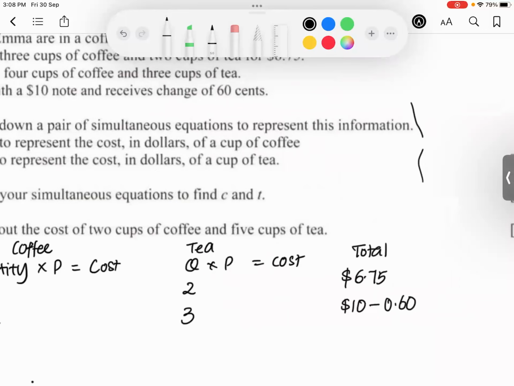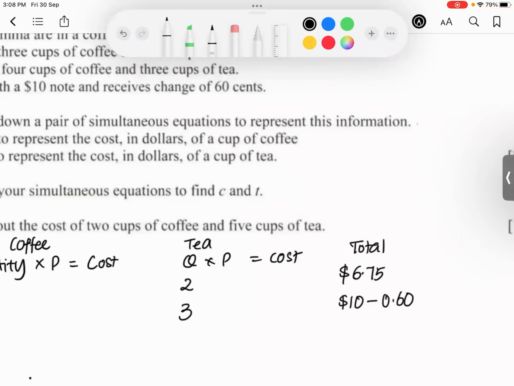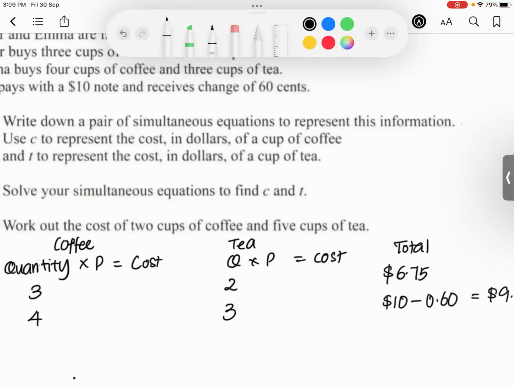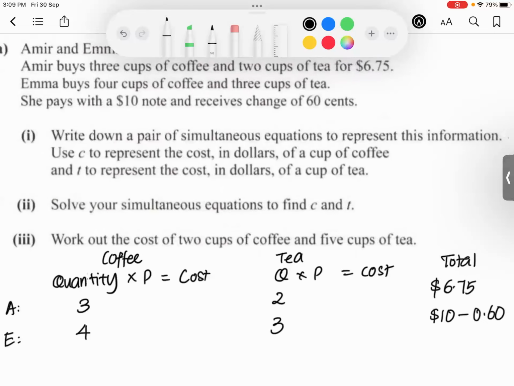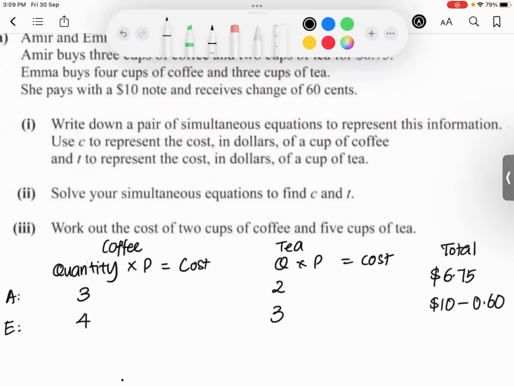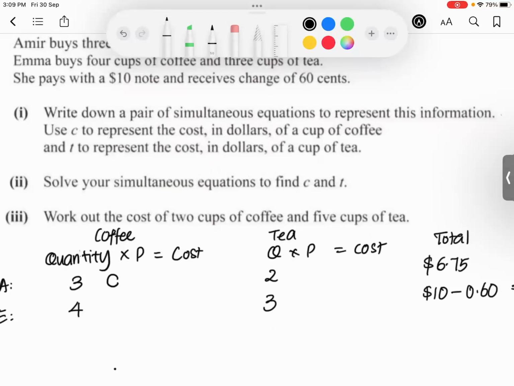So $10 note minus 60 cents, $9.40. Write down a pair of simultaneous equations. Use C to represent the cost of a coffee and T to represent a cup of tea.